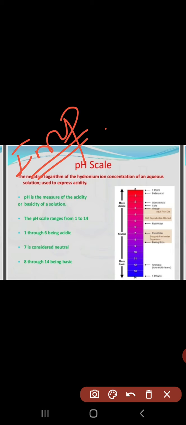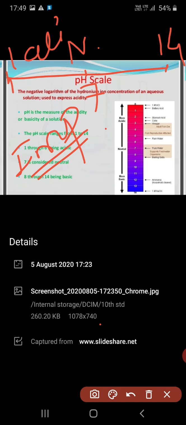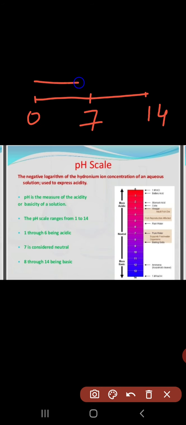The pH scale ranges from 1 to 14, from 1 to 7 and 7 to 14. 7 is neutral, below it is acidic and above it is basic. 7 is neutral.